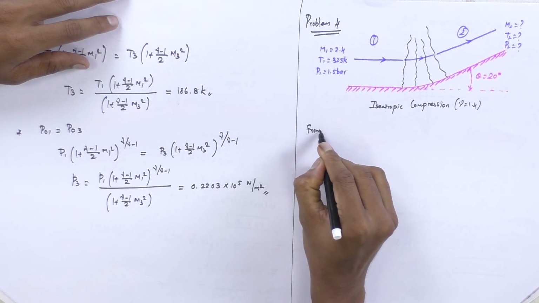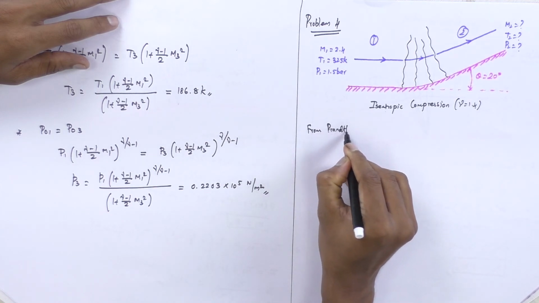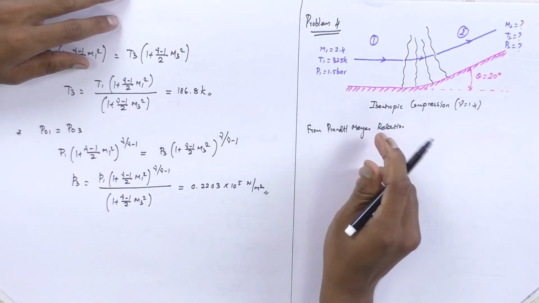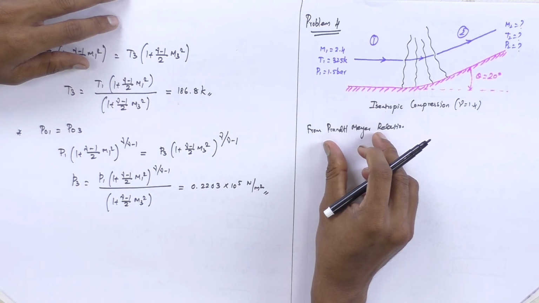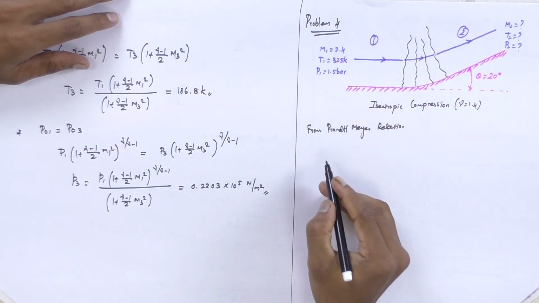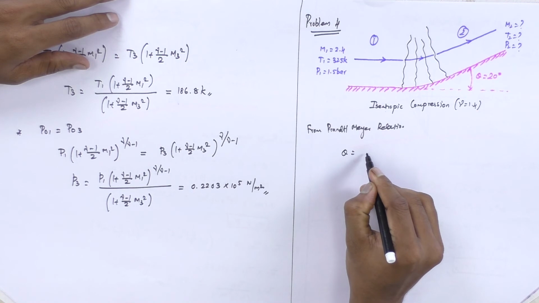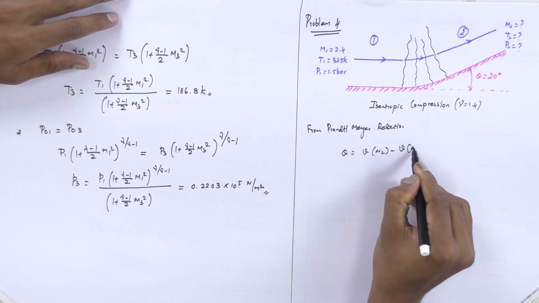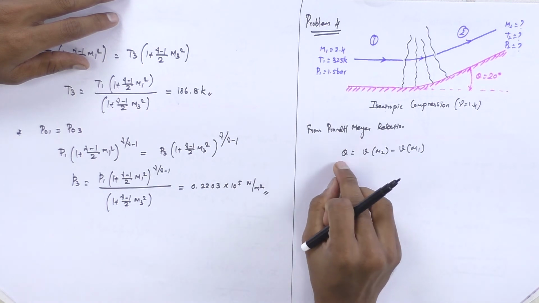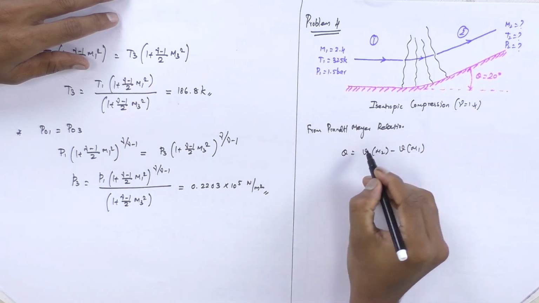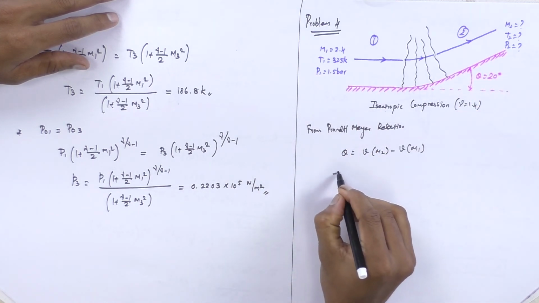First let us calculate the M2 value. From the Prandtl-Meyer relation, which is applicable for all isentropic flows with a series of Mach waves, theta will be equal to the Prandtl-Meyer function of M2 minus the Prandtl-Meyer function of M1. But here we need to substitute a negative theta value because it is a compression process, so we substitute minus 20 degrees.